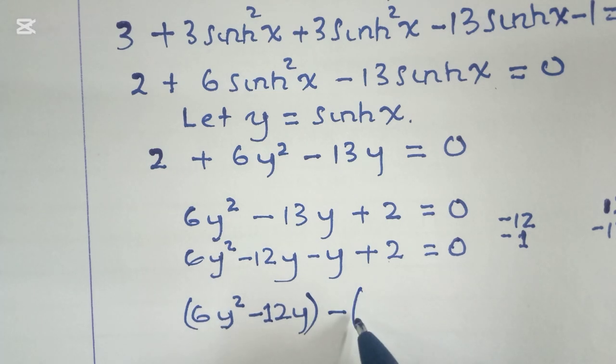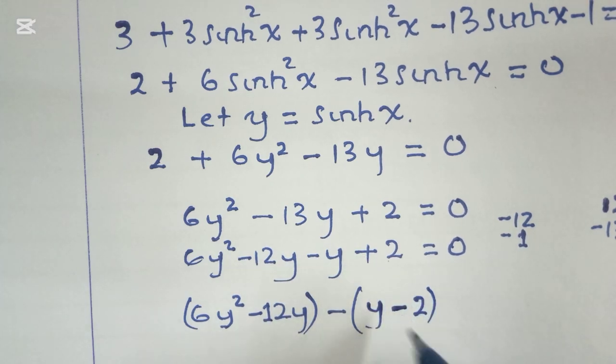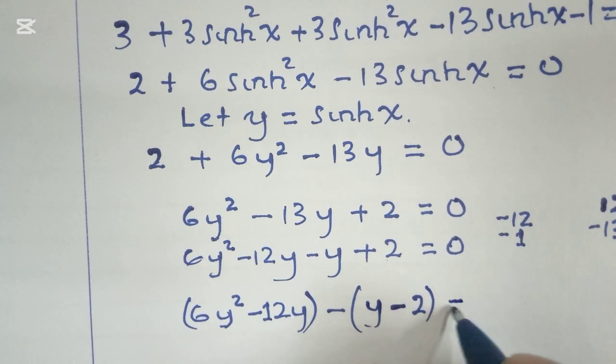Because we have a bracket after the negative sign, we have to change the sign of that to be negative. This one now becomes 0.